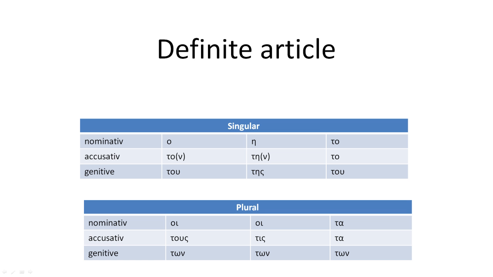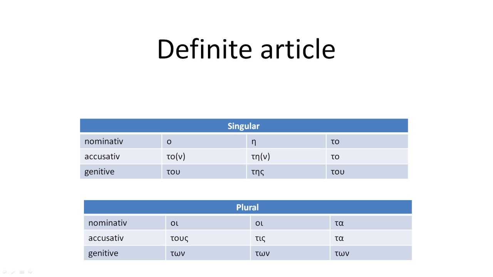In the table, you can see all the possible combinations for all the cases and genders. The leftmost column is for masculine, the column in the middle is for feminine, and the right one is for neutral. So for the masculine, we have ο in nominative, το or τον in accusative. The ν ending depends on the next word.